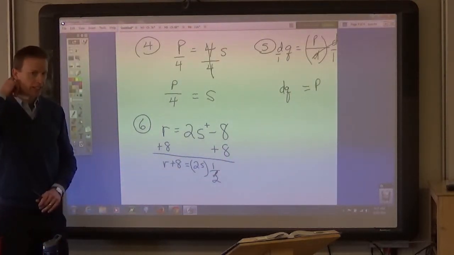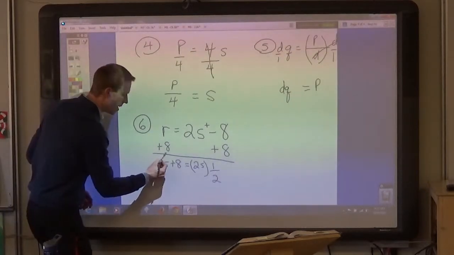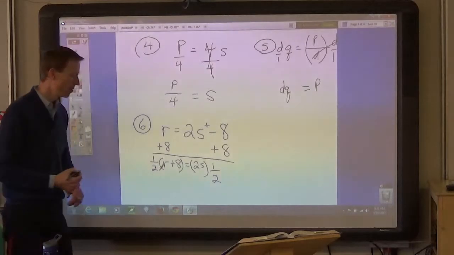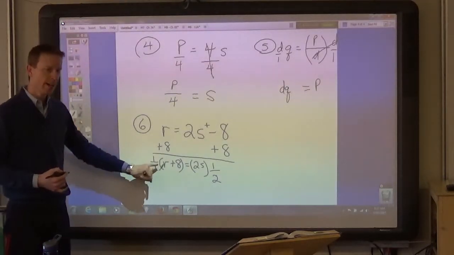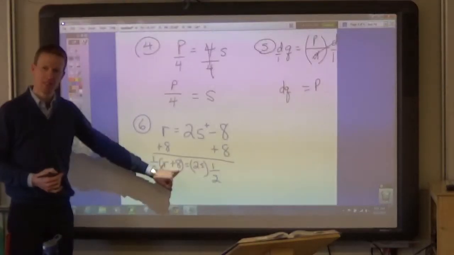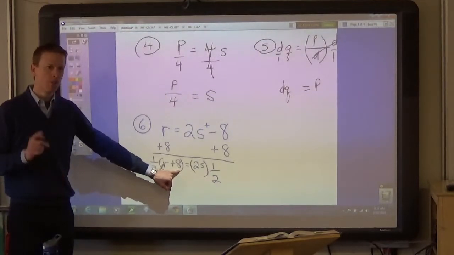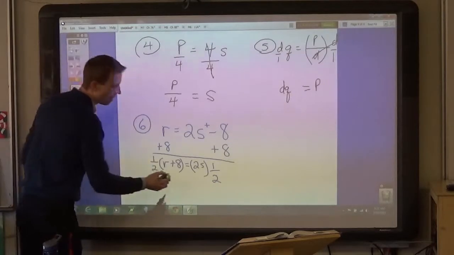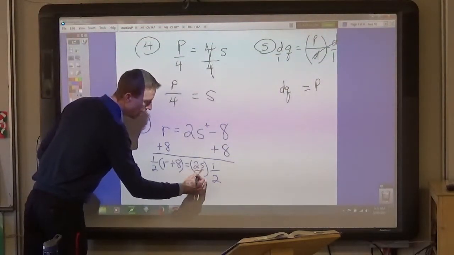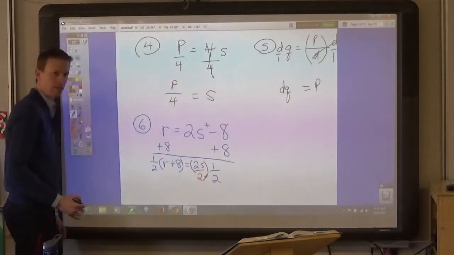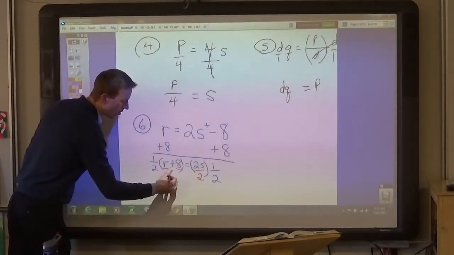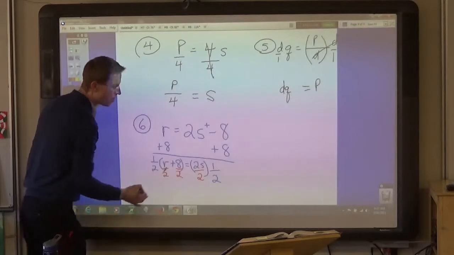One of the reasons is that we have to multiply this by 1/2, because we can do 1/2 times 8. Or, another way to think of this is that if you divide this side by 2, you have to divide each of these terms by 2.